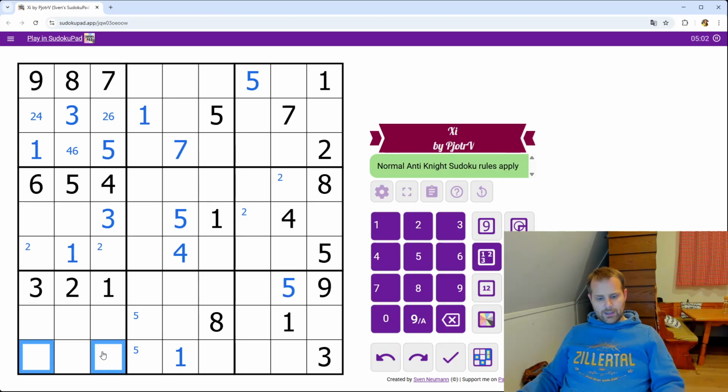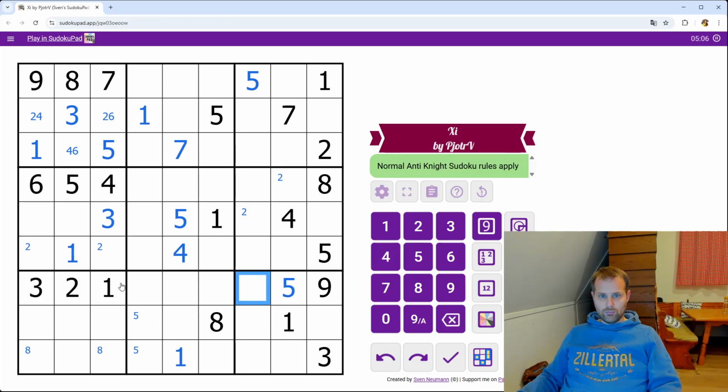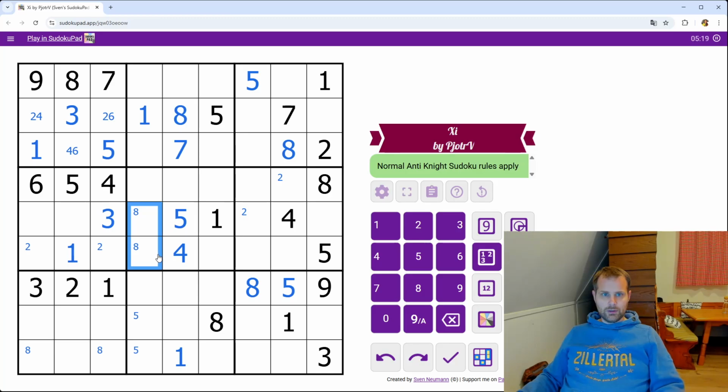Well, there's an 8 up here, so that means the 8 in this row must go there, and that means the 8 is in here, and that means the 8 is in one of those. And the 8 is somewhere here.